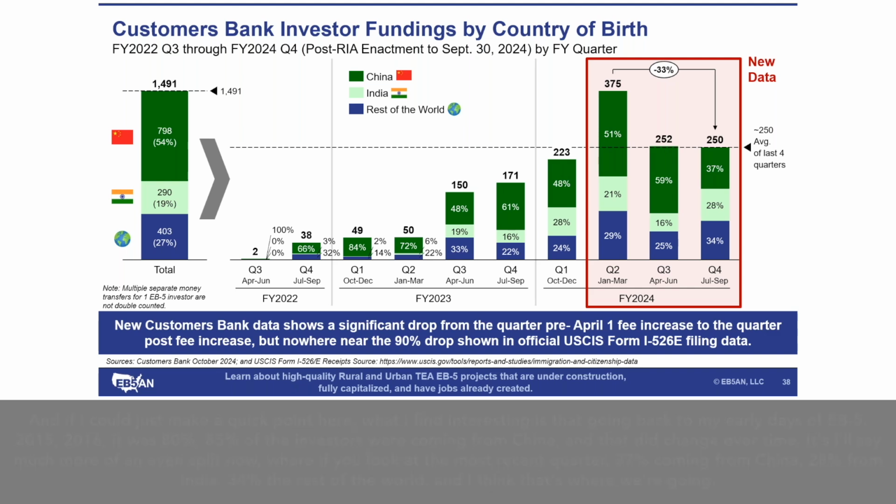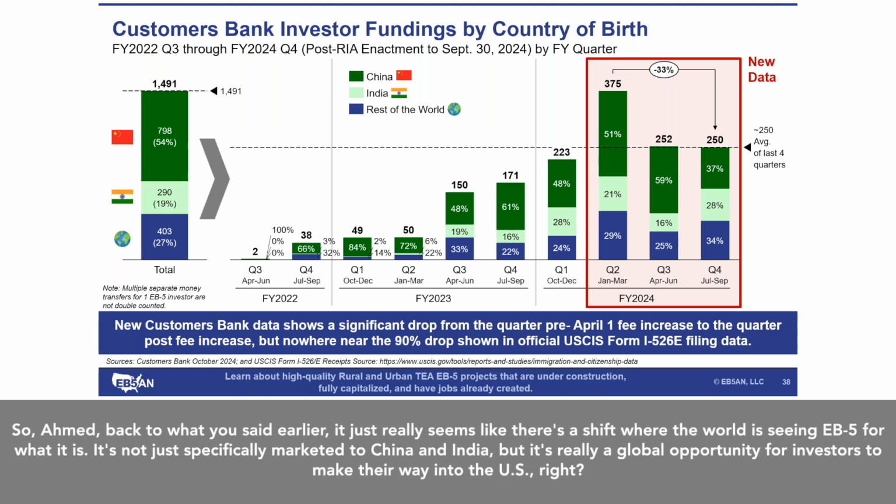So Ahmed, back to what you said earlier, it just really seems like there's a shift where the world is seeing EB5 for what it is. It's not just specifically marketed to China and India, but it's really a global opportunity for investors to make their way into the US, right?